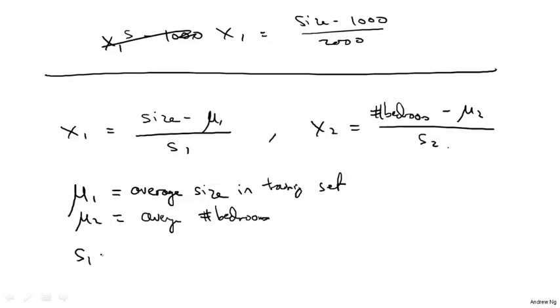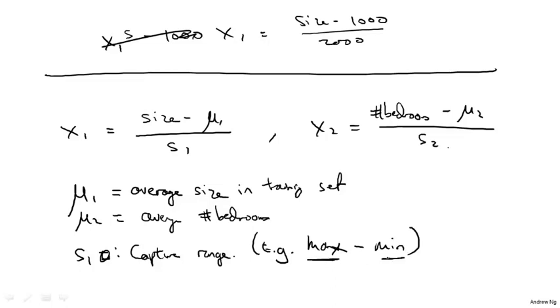And you can choose s1 and s2 to capture the range of the data. For instance, you can let it be the max minus min: the size of the largest house in your training set minus the size of the smallest house, which is the magnitude of the range of house sizes in your training set.